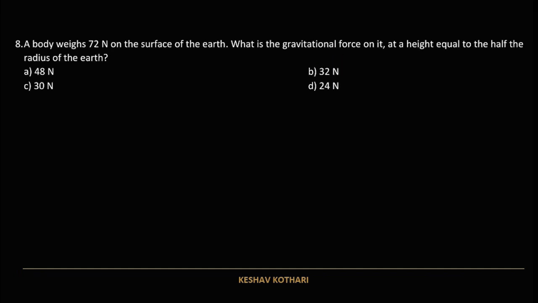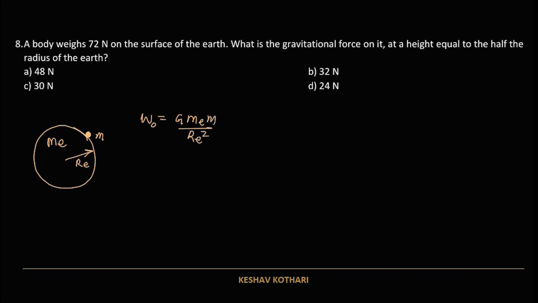A body weighs 72 Newton on the surface of Earth. What is the gravitational force on it at a height equal to half the radius of the Earth? So if I consider it from scratch, I can consider the problem like this: this is Earth having a mass Me and radius equal to Re, and a person of mass m is standing over here. So the weight, which is the original weight, is written as G Me m upon Re square.